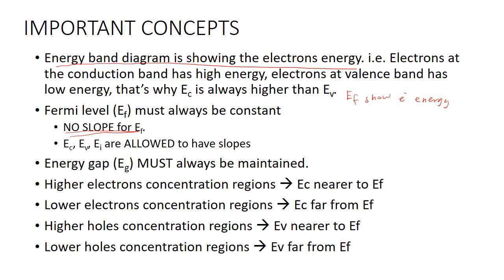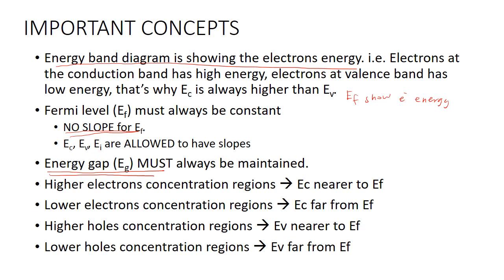But all other levels are allowed to have slopes. And energy gap must be always maintained. This is the guideline for you to draw all other levels. Maksudnya nanti you have to draw the Fermi level dulu because dia yang tak ada slope. Lepas tu you can draw all other levels yang berkaitan.